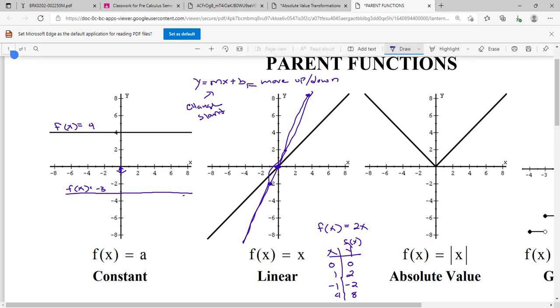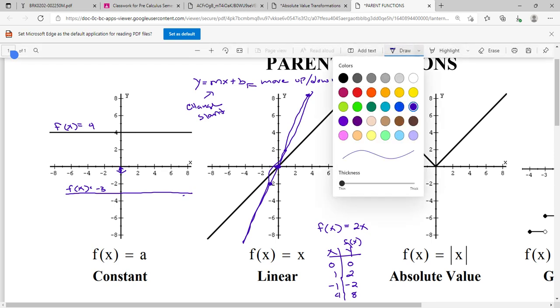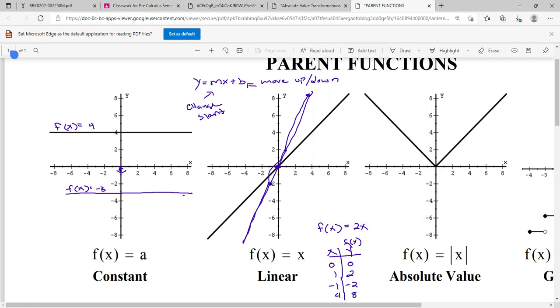Now, if we wanted to slant it the other way, we would have to use a fractional m value.